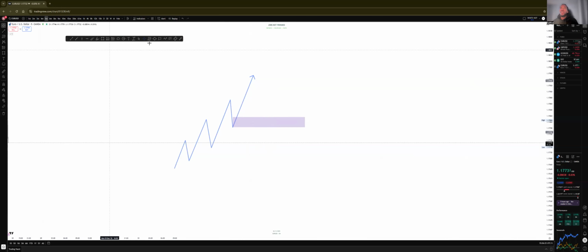Now, invalidation model. Let's say before this bullish move, the market was coming downwards. We were having the reveal of market intent like this. Boom.